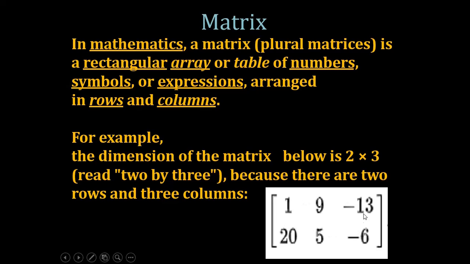These are an array of numbers put in a square bracket, and it is called a matrix. So a matrix is nothing but the arrangement of numbers or elements, or you can take symbols or expressions, arranged in rows and columns. 2 by 3 means there are 2 rows and 3 columns.